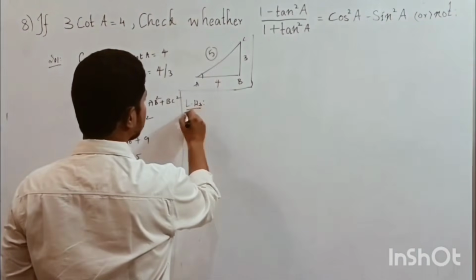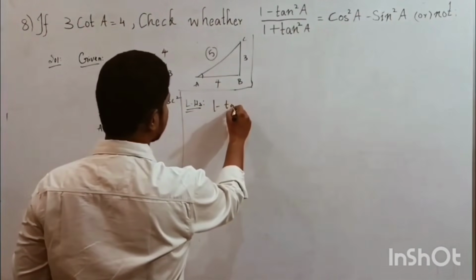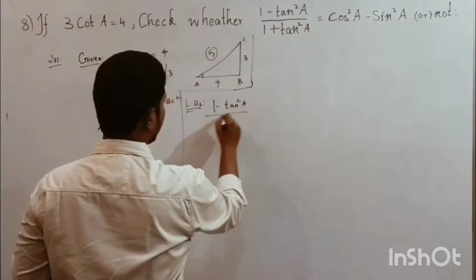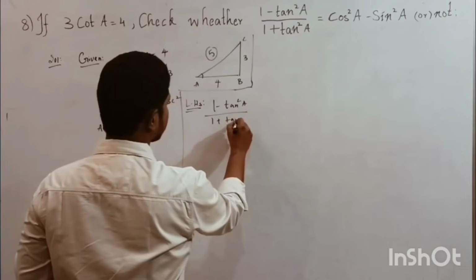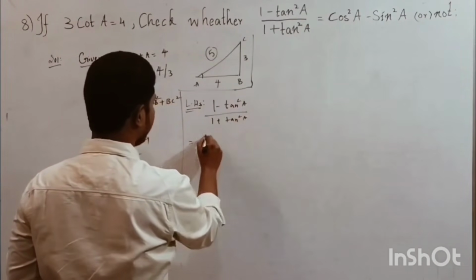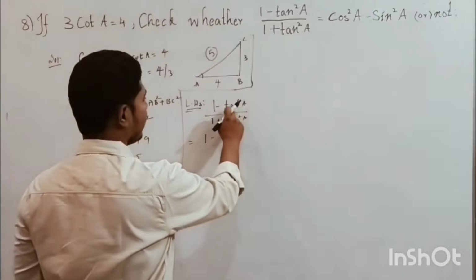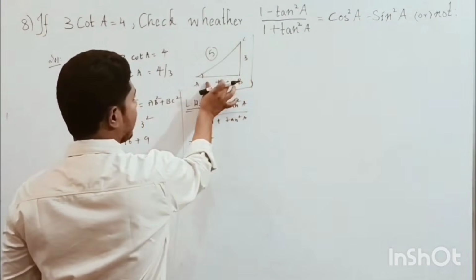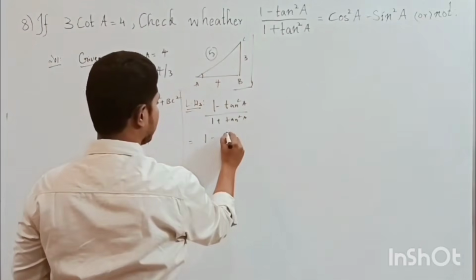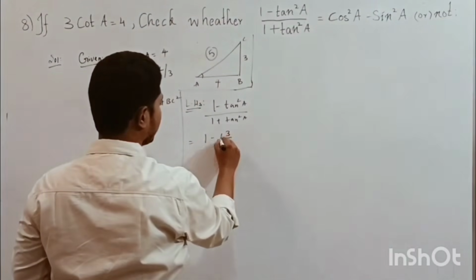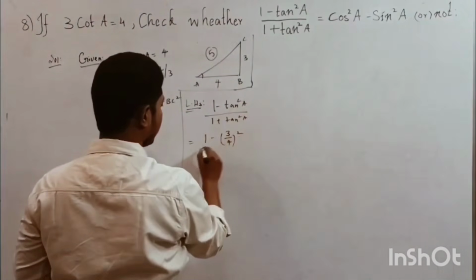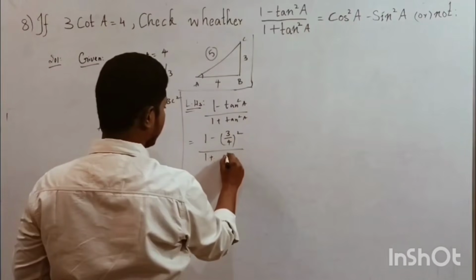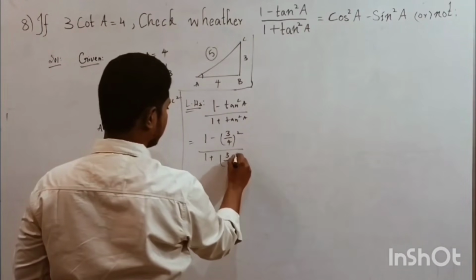The LHS is (1 minus tan square A) by (1 plus tan square A). What is tan? The formula of tan is opposite by adjacent. What is opposite? 3. So tan is 3 by 4, and they have given square, so here also tan is (3 by 4) square.